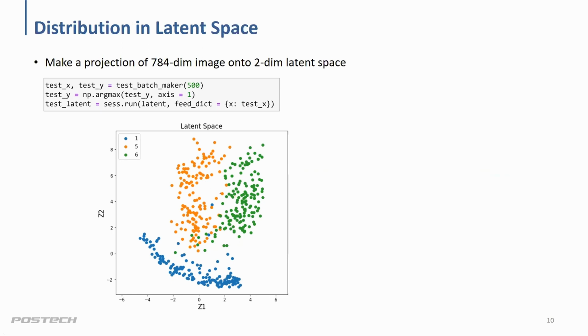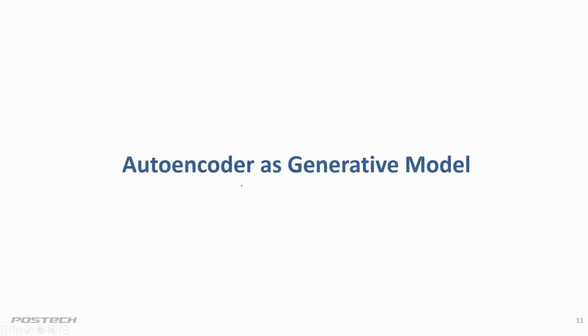So I can generate a bunch of fake 1s and a bunch of fake 5s and 6s, things like that. Now, the autoencoder is trying to duplicate the input, right? But once we have this bottleneck structure, we can use the autoencoder as a feature extractor, because we believe this is a latent space with dimension reduction as well.